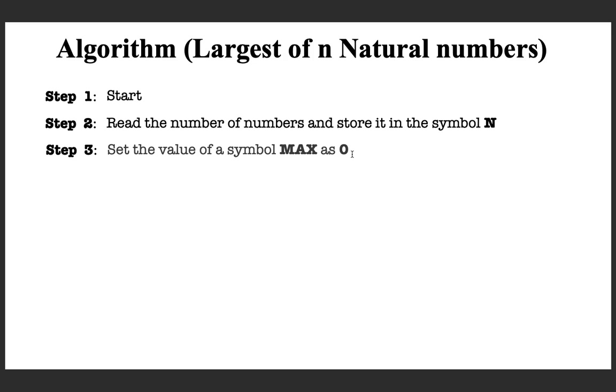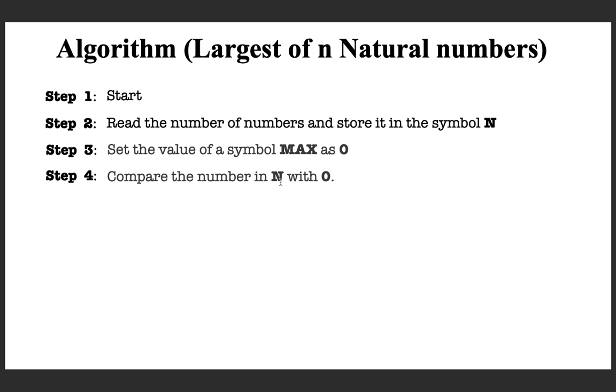Then we have to repeatedly perform reading and comparison, until the remaining number of numbers becomes 0. To start with, the number of numbers remaining is n. So until it becomes 0, you have to repeat.